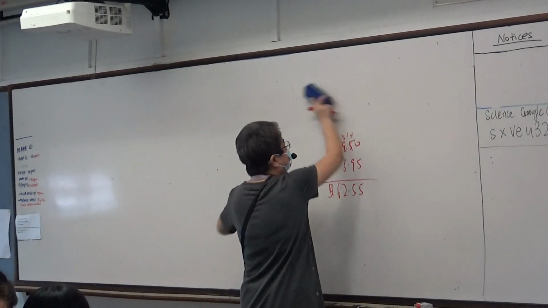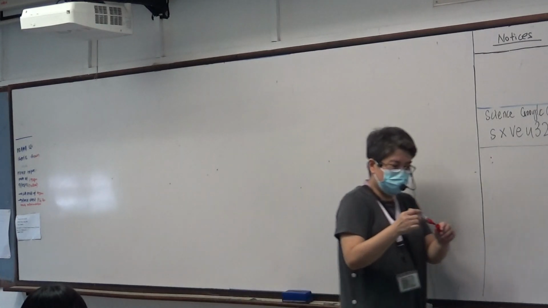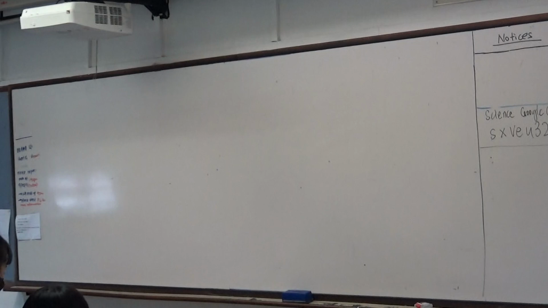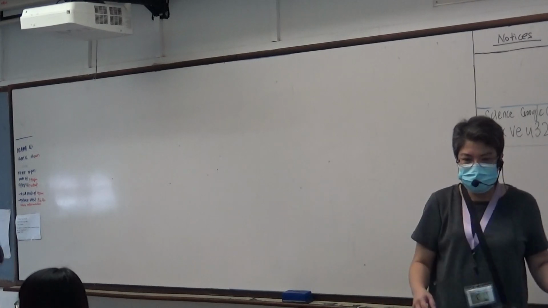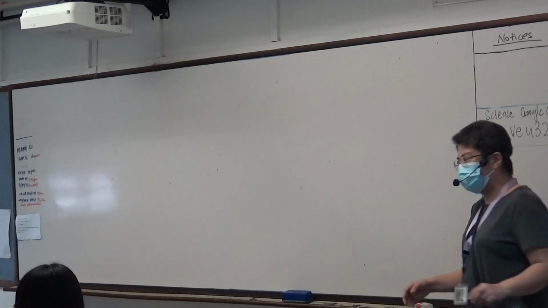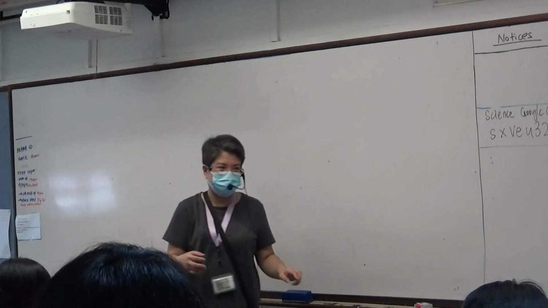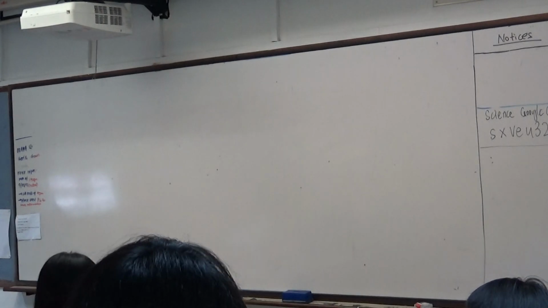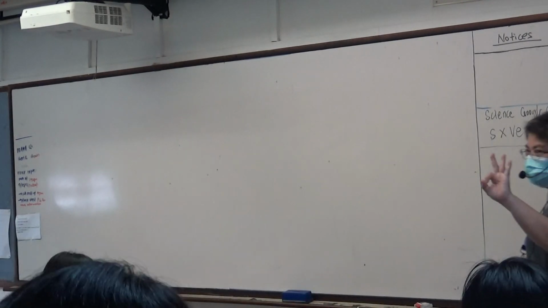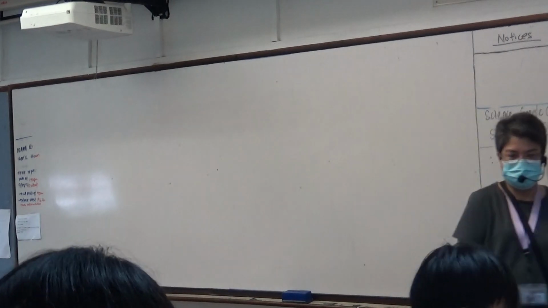Now, I want you to pass forward your exercise 3B. Pass forward your exercise 3B, and also your maths file. Those who have to, pass forward your maths file. I should have 30 pieces of foolscap paper and 24 files.